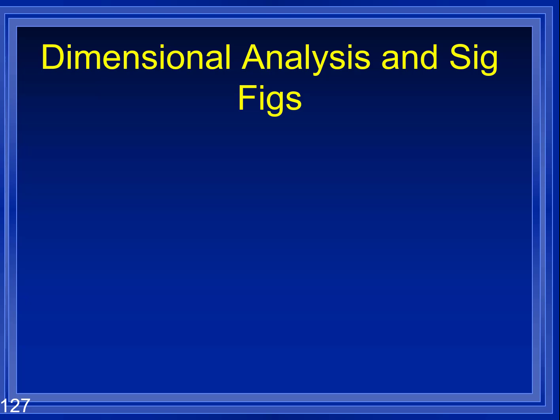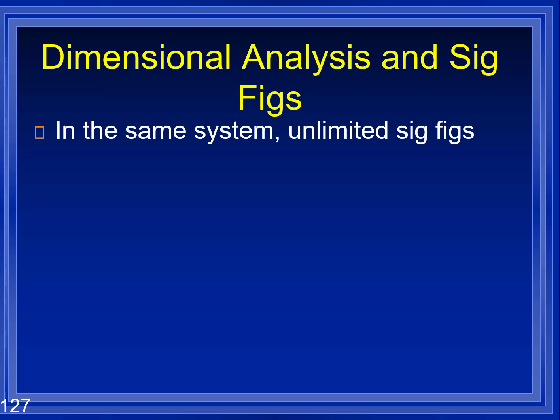So, first thing we want to do is talk about how sig figs are affected by those conversion factors. If you're in the same system, we've been doing all metric system, we haven't really had to worry about sig figs. However many sig figs I started with, that's how many I was going to end with, because they were all definitions in between. So far, they were all in the same system.